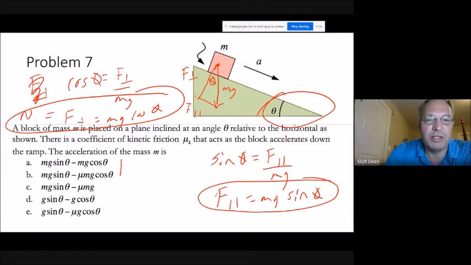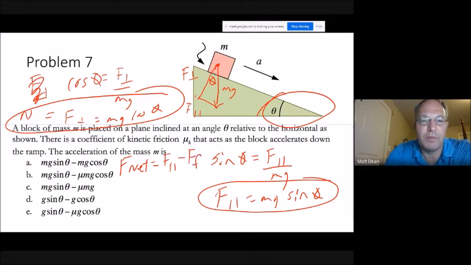The net force in this case going down the plane is going to be equal to the force that's pushing it down the plane minus the frictional force that's pushing in the opposite direction. Which means that the net force is going to be equal to F parallel, which is mg sine theta, minus the frictional force.